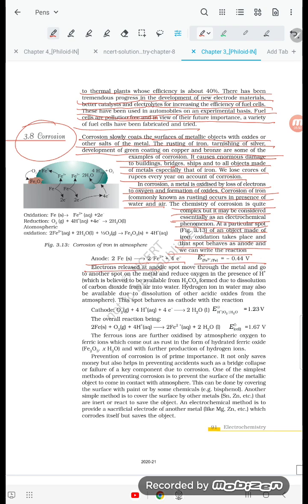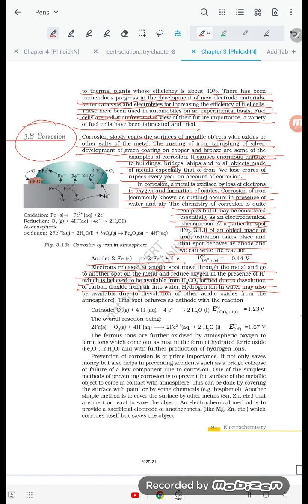Electrons released at the anode spot move through the metal and go to another spot of the metal and reduce oxygen in presence of H⁺, which is believed to be available from H2CO3 due to the dissolution of carbon dioxide from air into water.